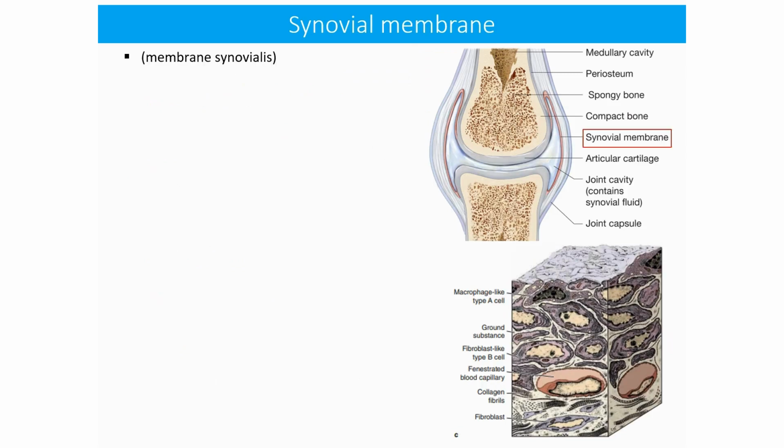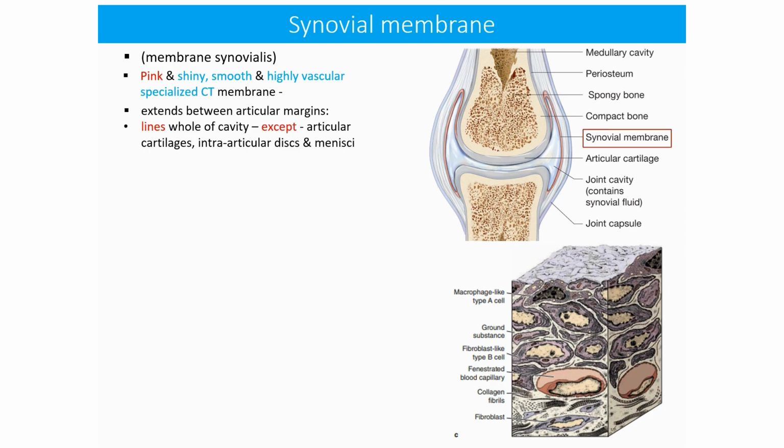Synovial membrane, or membrana synovialis, is a pink and shiny, smooth and highly vascular specialized connective tissue membrane which extends between the articular margins. That is, it lines the whole of the cavity except articular cartilage, intra-articular discs and menisci.